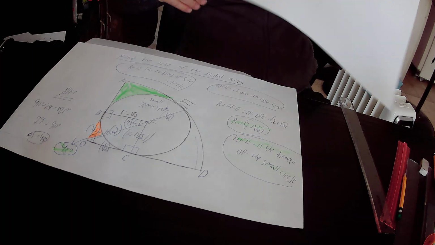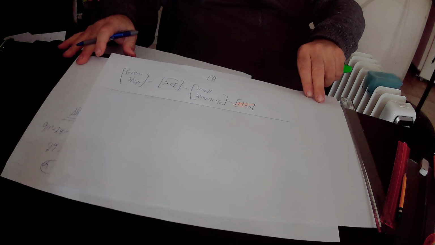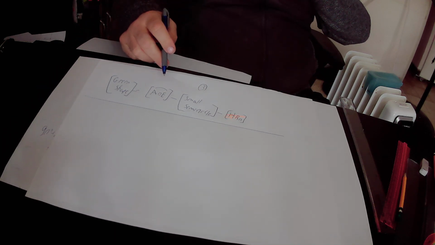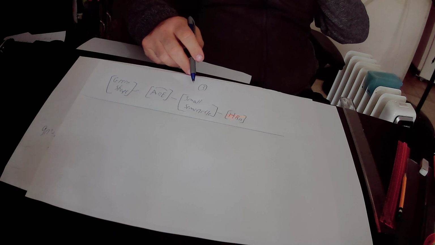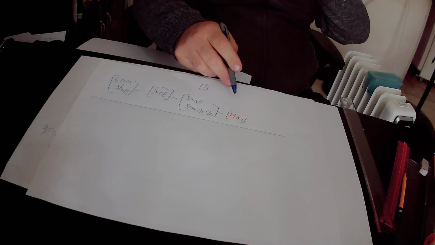Repeat again. The area of the green shape equals the area of the big sector AOE minus the area of the small semicircle minus the area of the orange shape HBO.